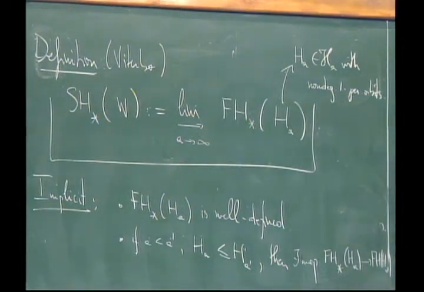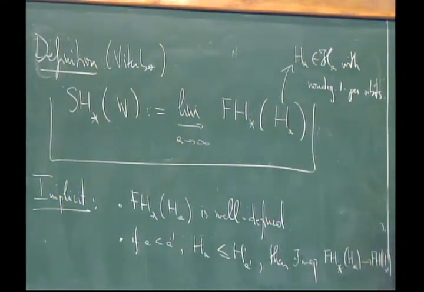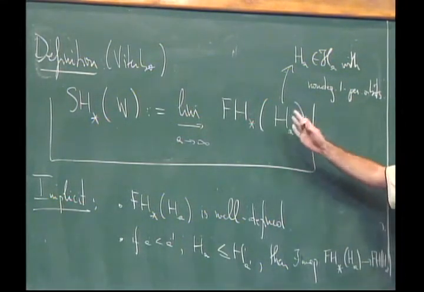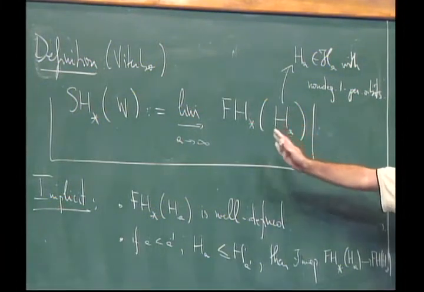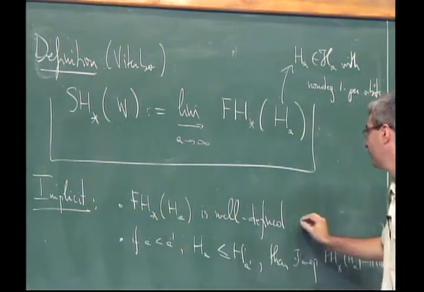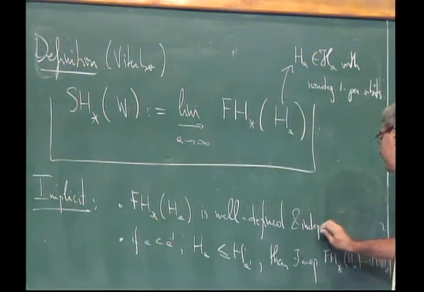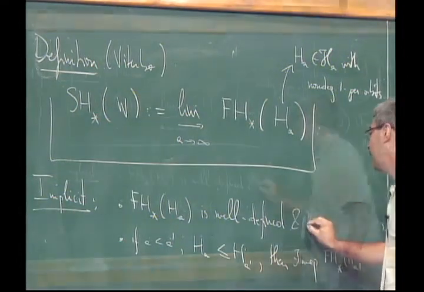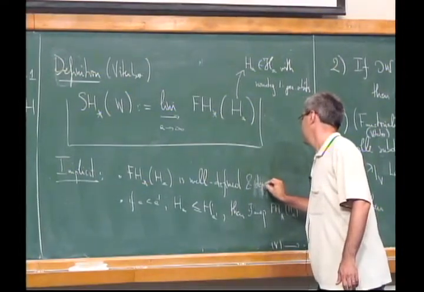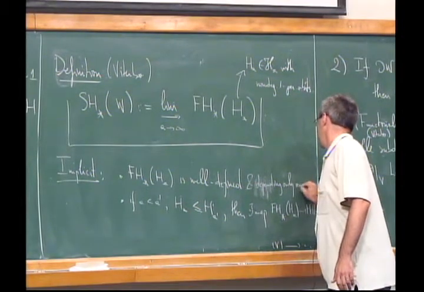And then I take the direct limit as A goes to infinity. And of course, since I have written one Hamiltonian, it's also implicit that the result of this story depends only on the slope A, and only on A.